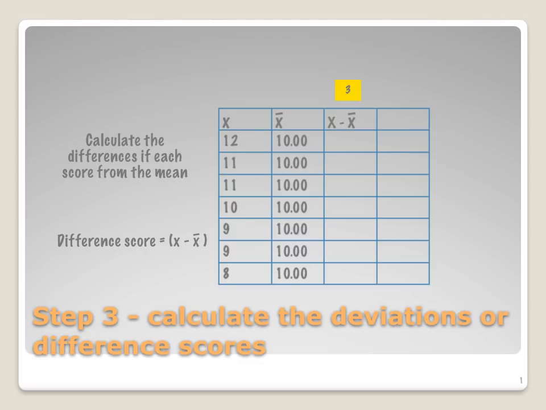So we've put in the second column our mean. In our first column, we have each score. So visually, and mathematically, what we're going to do is take 12 and from 12 subtract the mean of 10. And now we're going to get a deviation score. So in that third column for step 3, underneath the heading x minus x bar, which is the symbolic notation of our difference score or our deviation score, we're going to do the mathematical calculation of a difference score for each score from the mean.